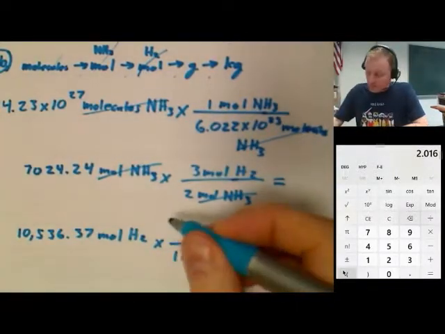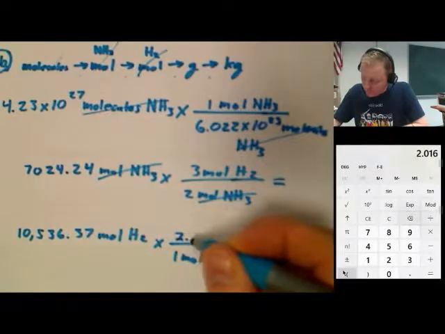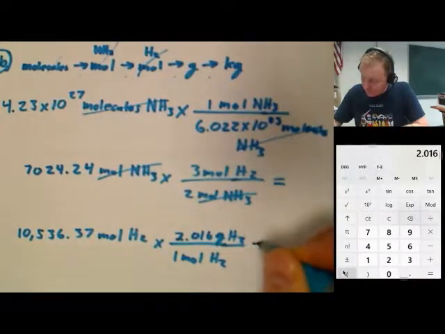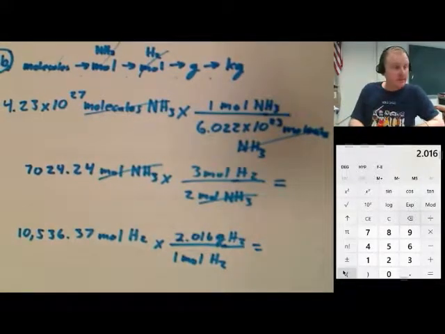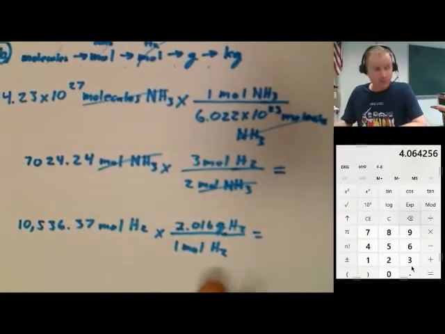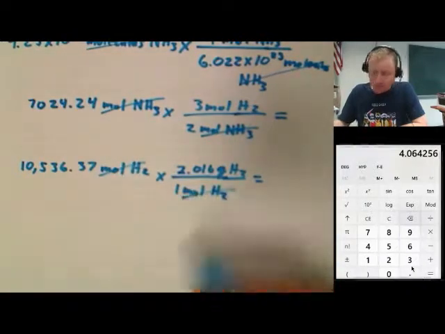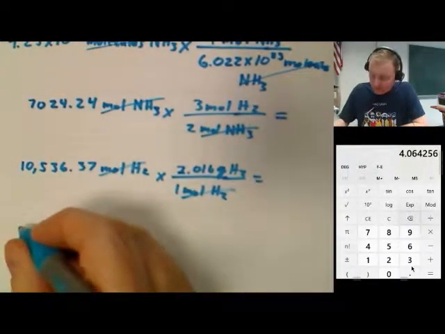We have 2.016 grams of hydrogen. So we'll take this number and multiply it by 2.016, and now moles of hydrogen cancel out with moles of hydrogen.